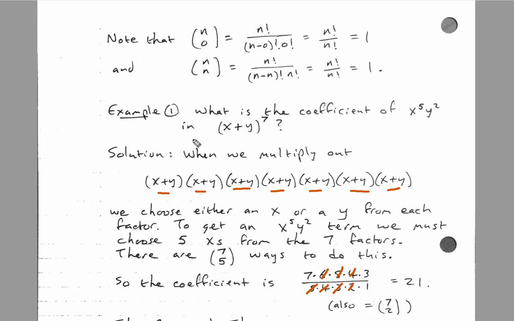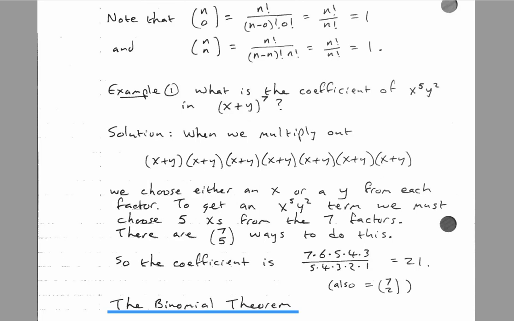Alright, so when you multiply out this big product, you get lots of terms. But in the middle you get 21 x to the power of 5 y squared.